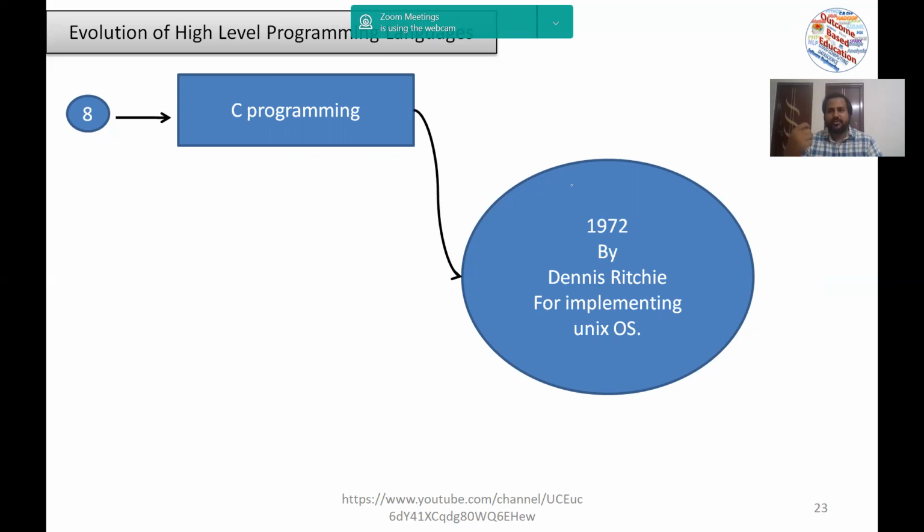Whatever words we use, the same things are used as program instructions in C. That is why C is very easy for beginners to learn any kind of programming language. It was developed in 1972 by Dennis Ritchie for implementing the Unix operating system.